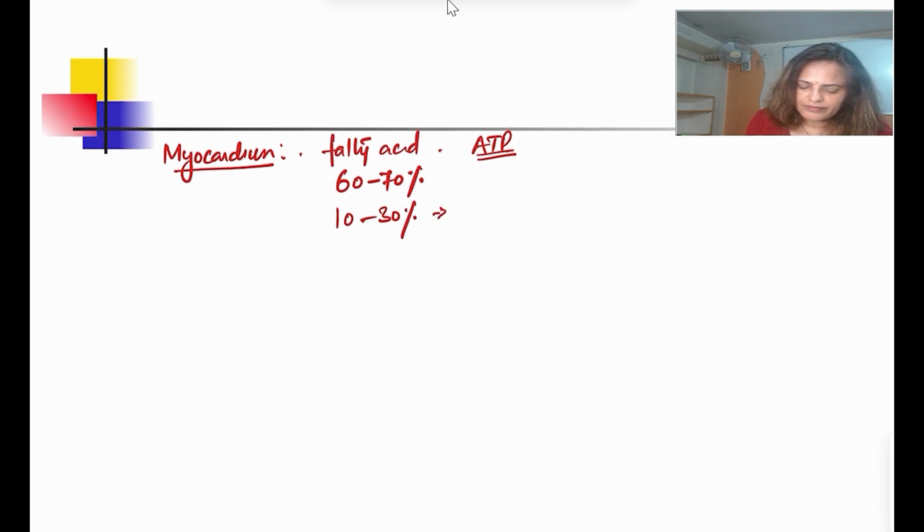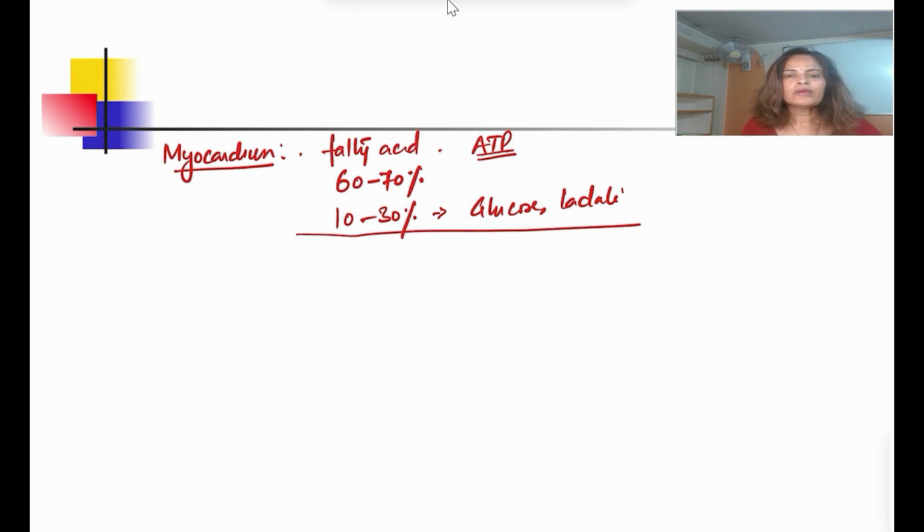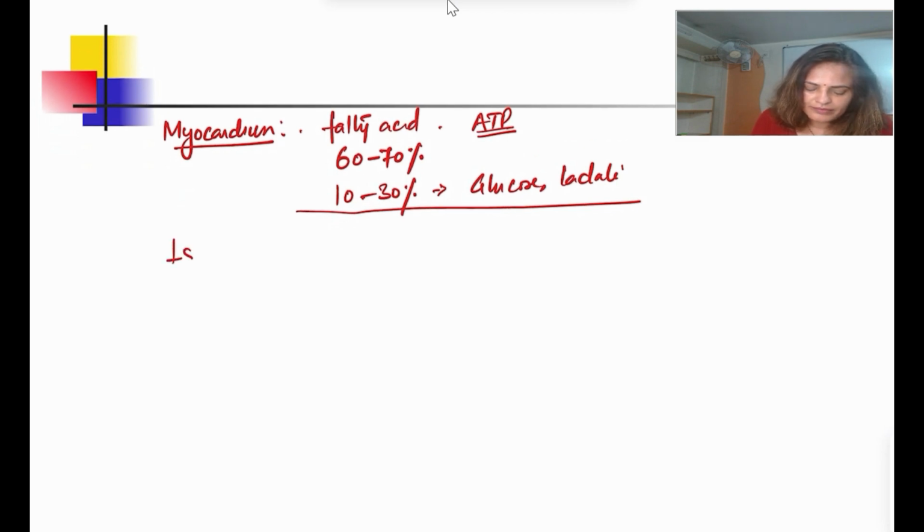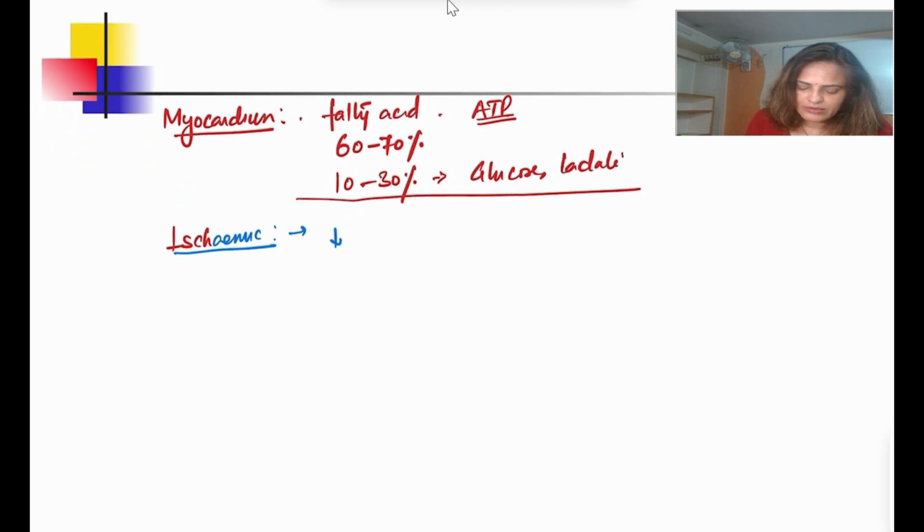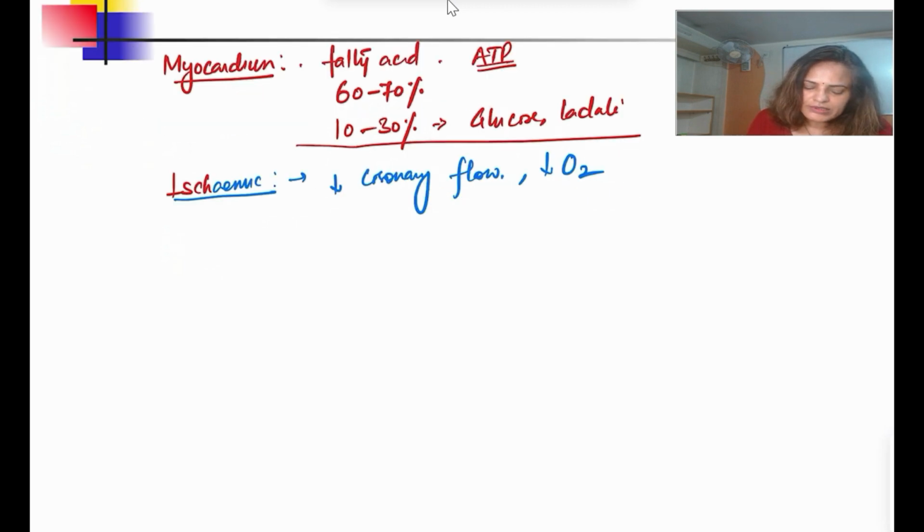It can use glucose, lactate, pyruvate, all that. Right? Now what happens in ischemic myocardium? During the ischemia, when there is decreased coronary flow, decreased oxygen, now what happens?